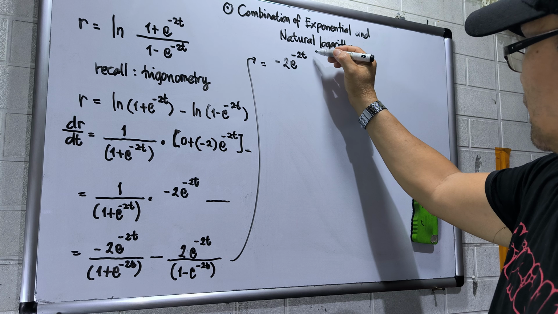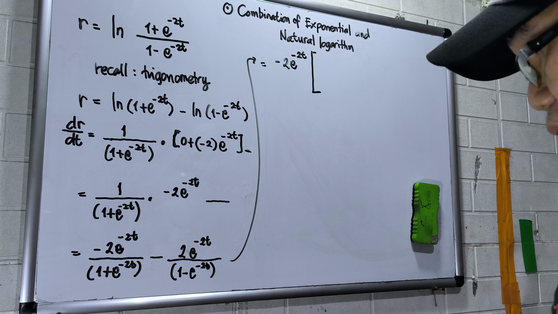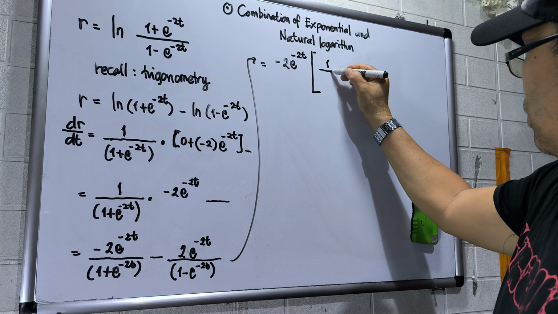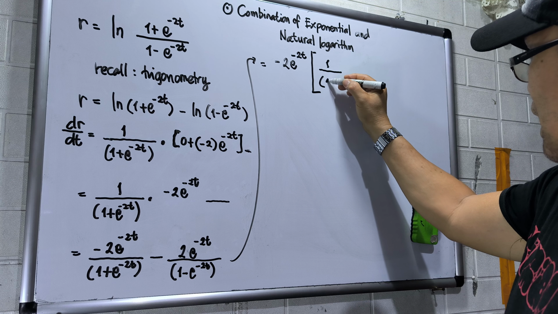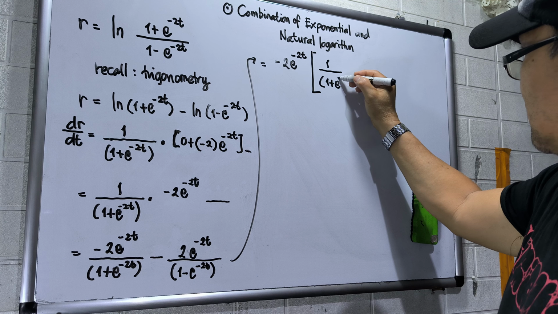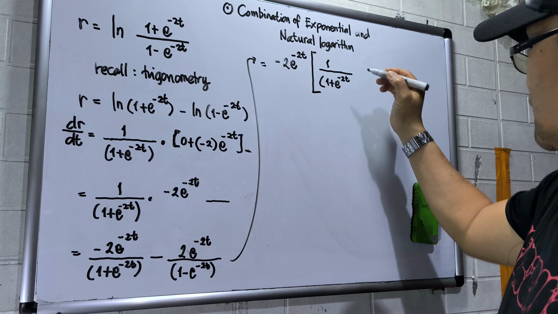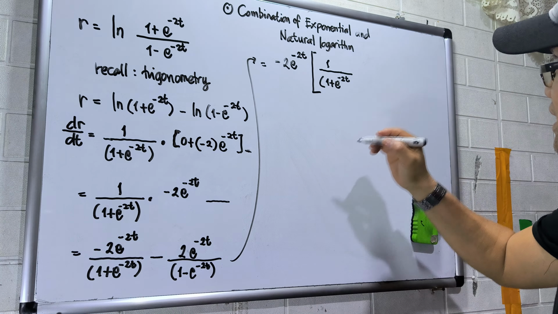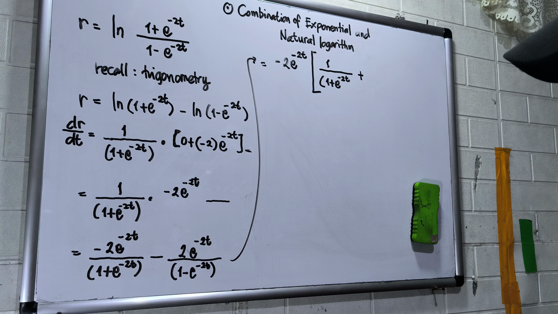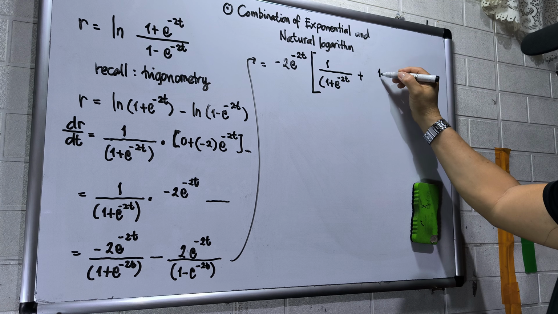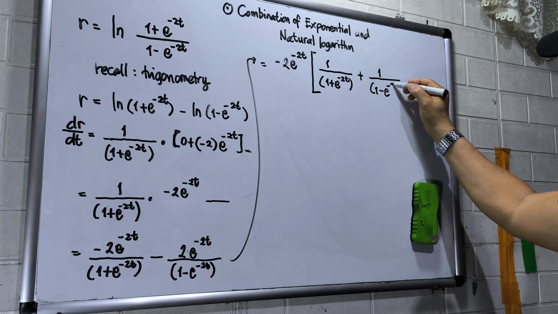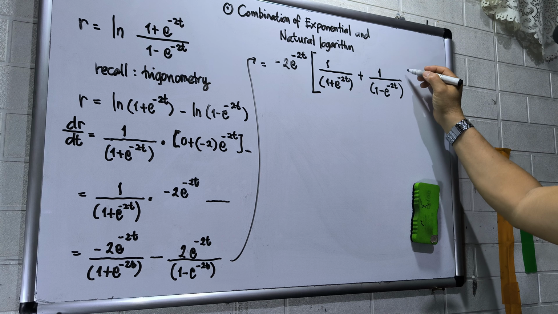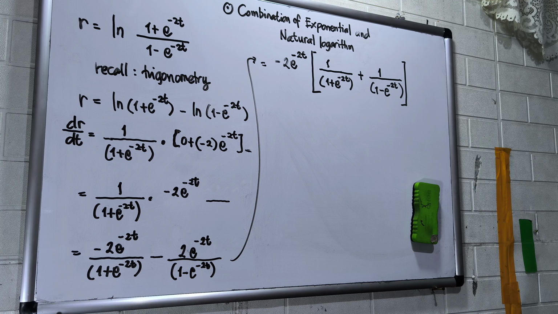Then this will be square brackets 1 over (1 plus e to the negative 2t). Then negative, right? So negative, this will be positive. So this will be positive 1 over (1 minus e to the negative 2t), then closed by square bracket.